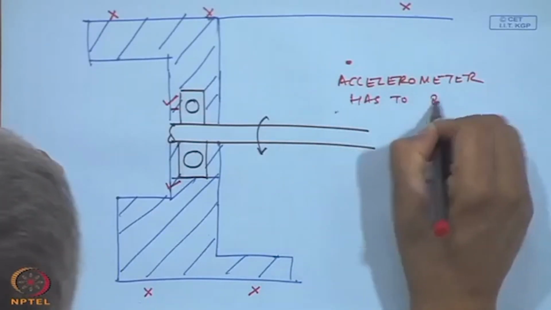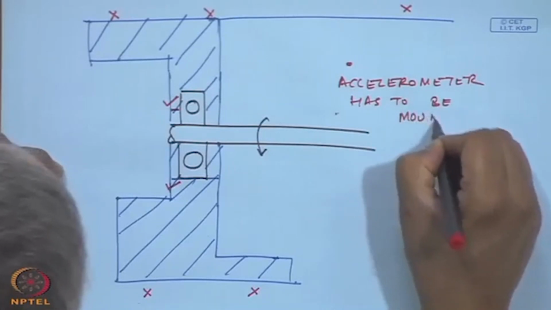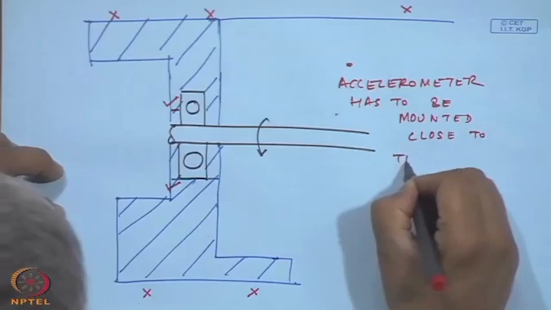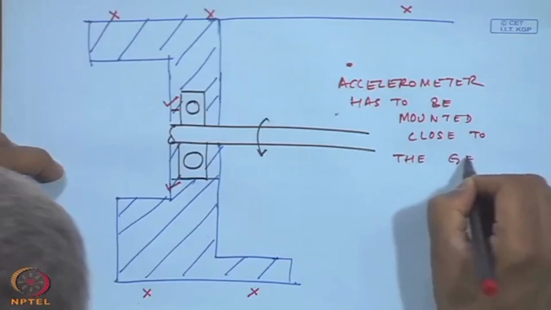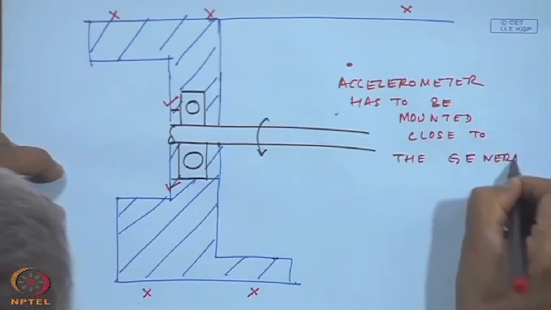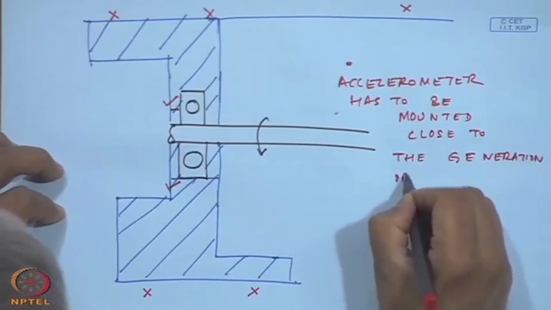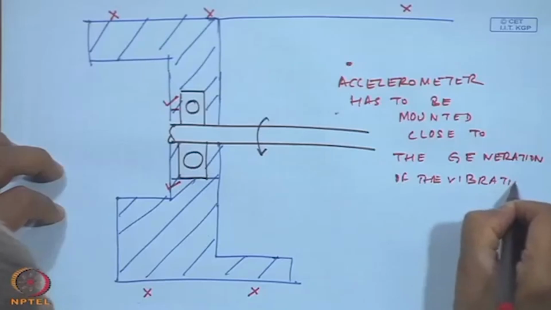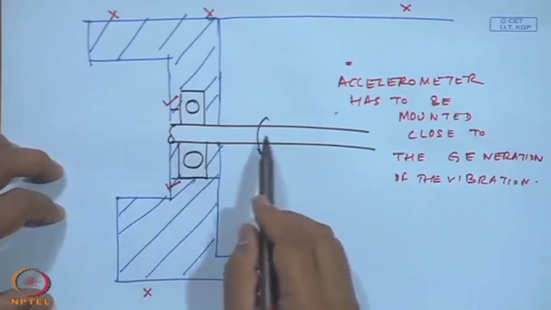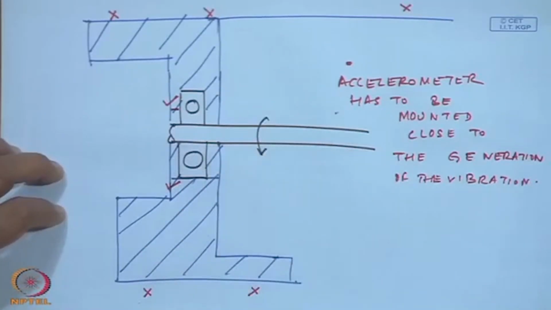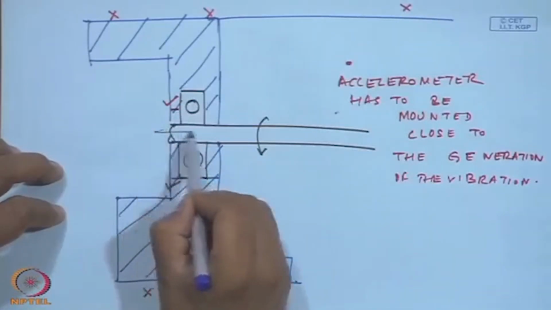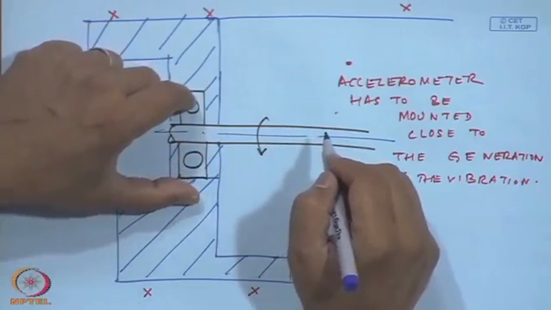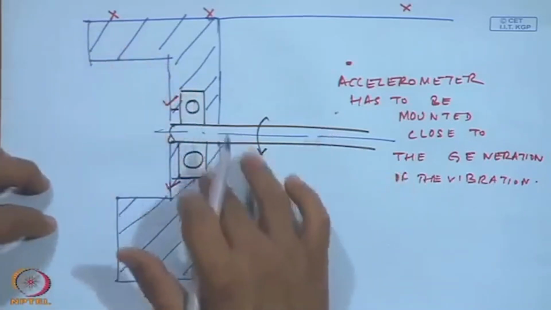So, the accelerometer has to be mounted close to the generation of the vibration, because if this shaft was misaligned etc., the forces would come at the supports, at the bearings, and this is where a lot of motion will be there.